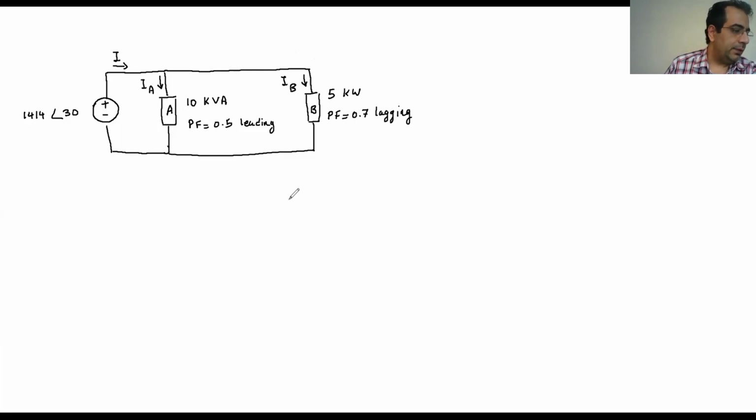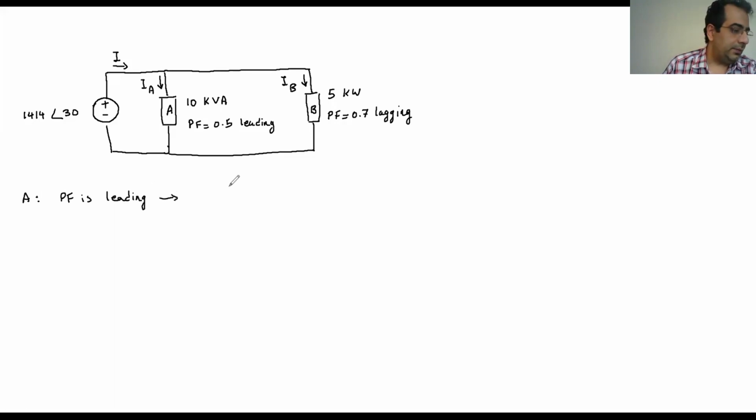So assume this is what we have. Here we know that the power factor for A is leading.